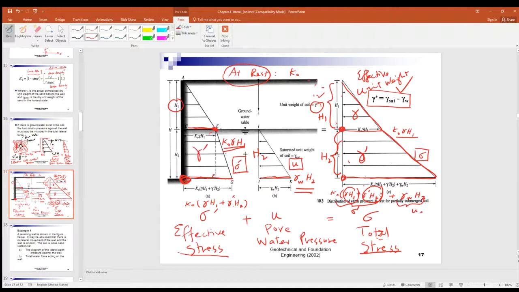Here, gamma H1 plus gamma dash H2, because here is the effective stress, so you have to use the effective unit weight of the soil.